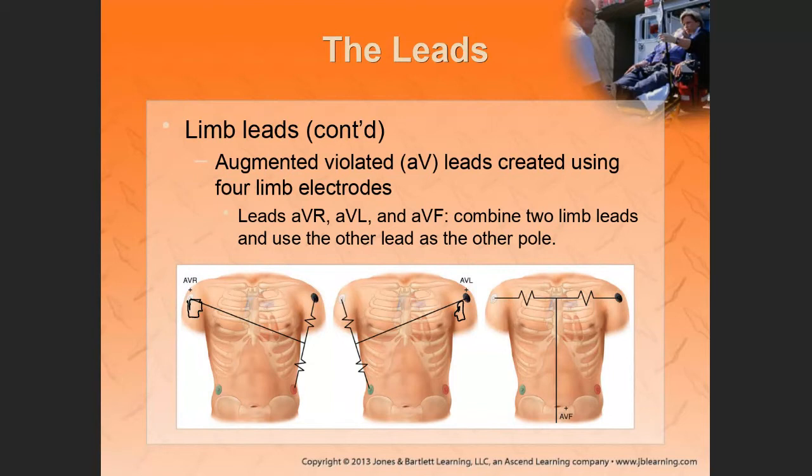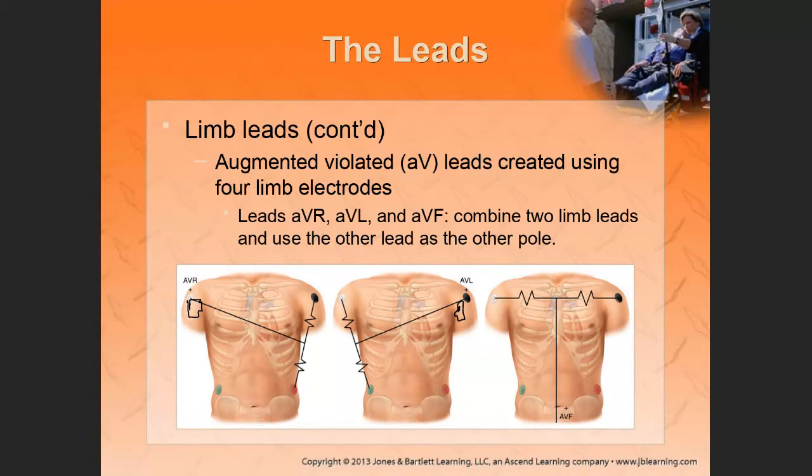Now with the AVF, the current from the right shoulder or right arm combines with the current from the left shoulder or left arm, and it is redirected down.